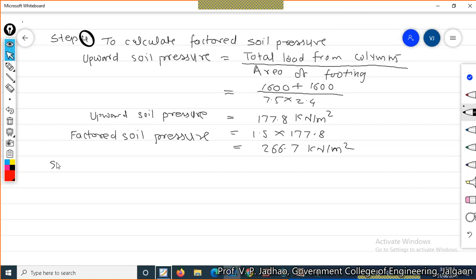Now next, step number 5. Step number 5 is now we have to design in longitudinal direction.